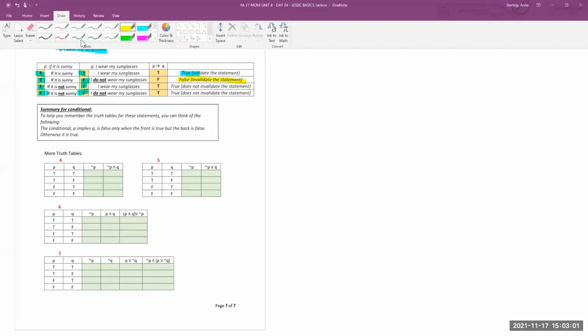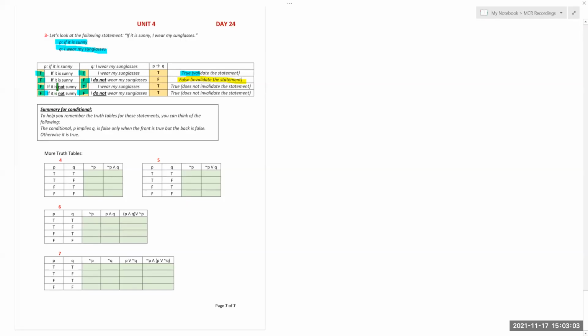And so it's false. And then down here, it's not sunny. I wore my sunglasses. That's true because it didn't invalidate it. This one validated it, but this one didn't invalidate it. Whereas this one did. And then it's not sunny and I didn't wear them. Well, if it's not sunny, we don't care. The idea was if it's sunny, you're going to wear sunglasses. So if it's not, it doesn't matter what happens.